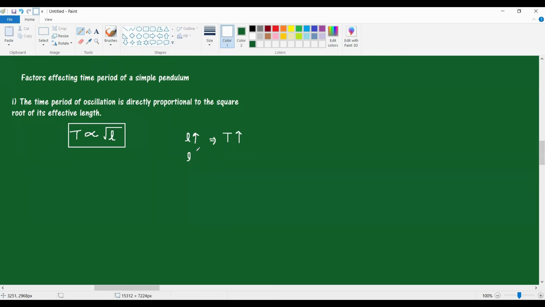If we decrease the length of pendulum, the time period of pendulum will also decrease. Clear? Which proposes that frequency of the pendulum will vary inversely with the length of the pendulum. Simple. Now let's move on to the second part.